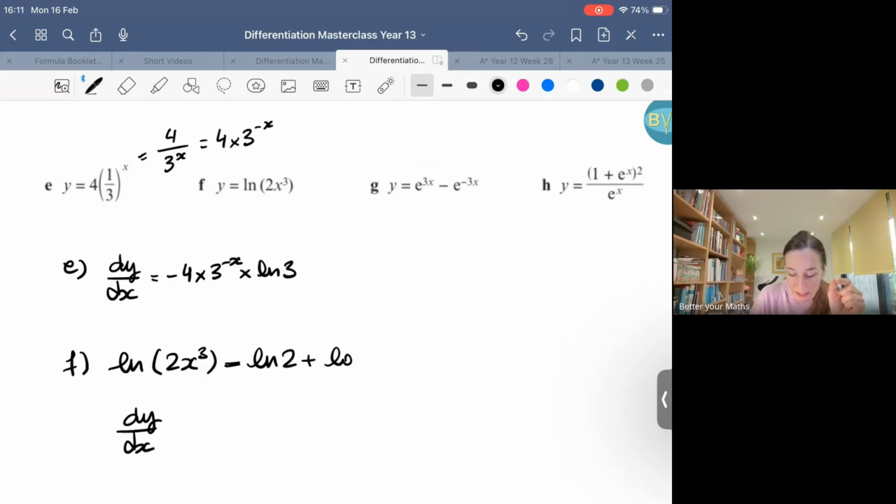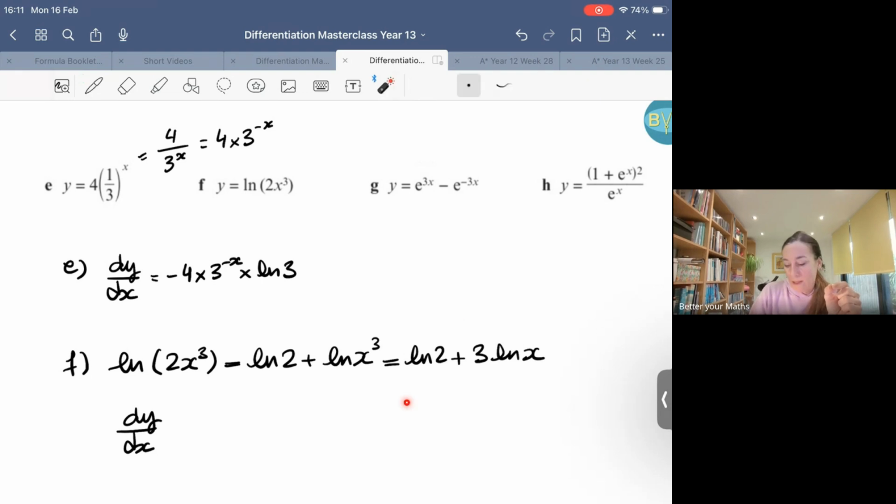Exactly. So I can separate these using the properties of the logs. This is ln2 plus 3 ln x. And when I differentiate, this bit is giving me 0, and this one is giving me 3 times 1 over x. Yeah, so this is going to be 3 over x.